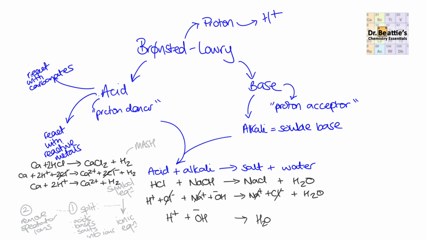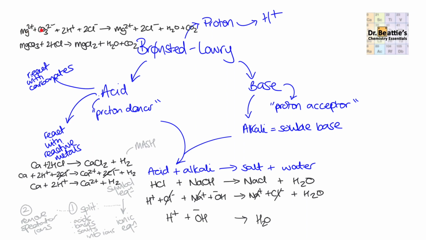Acids also react with carbonates, so any metal carbonates, to form a salt, water, and carbon dioxide. And again, by going through the same step we did down here, split any acids, bases, or salts. Get this long equation here, where magnesium carbonate is split up.